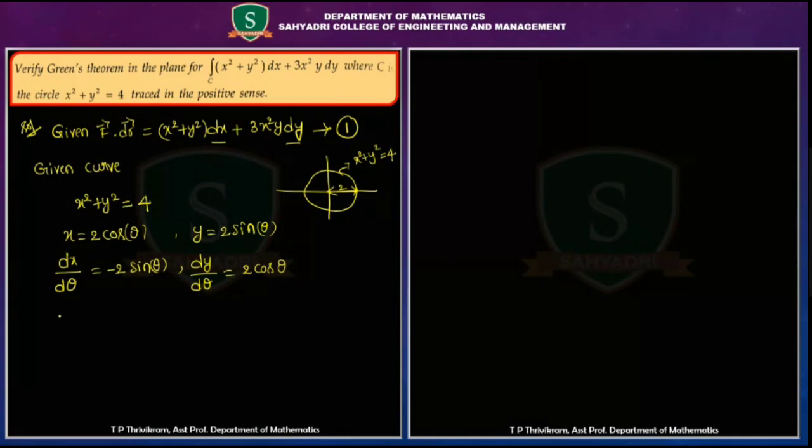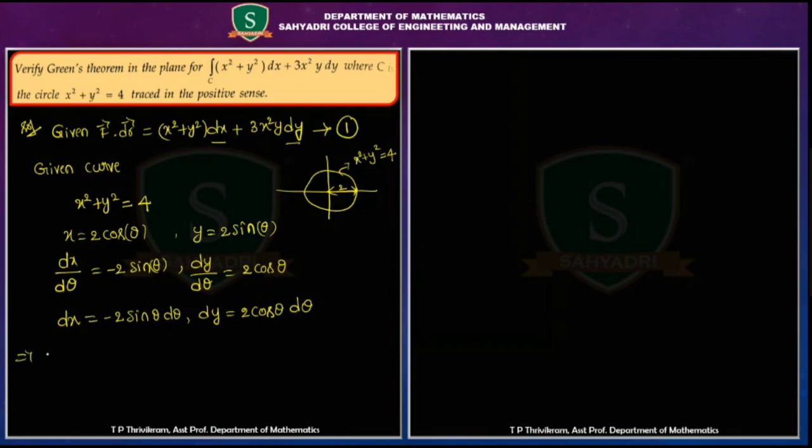So dx is equal to minus 2 sin theta d theta, dy is equal to 2 cos theta d theta. Now I am going to substitute these x, y and dx, dy values in equation 1.